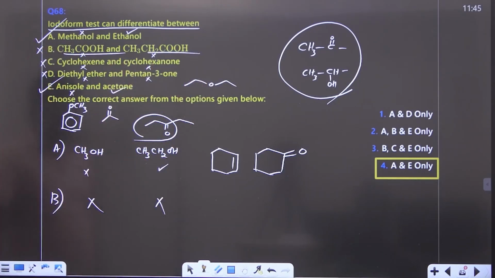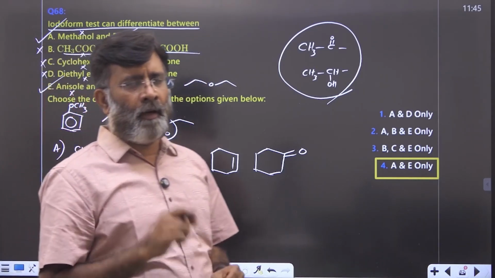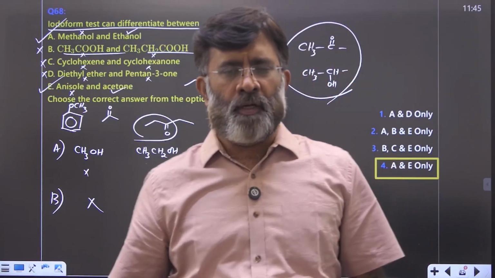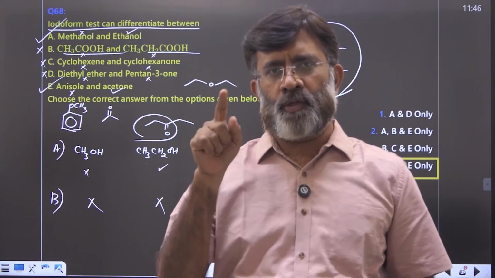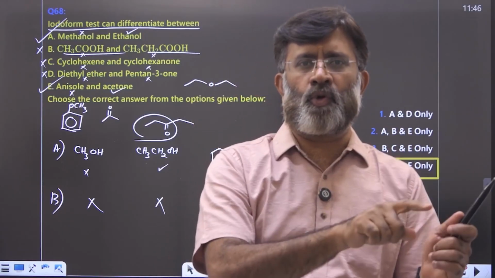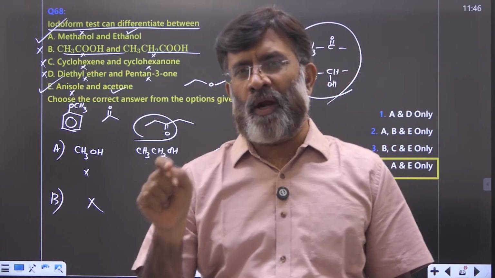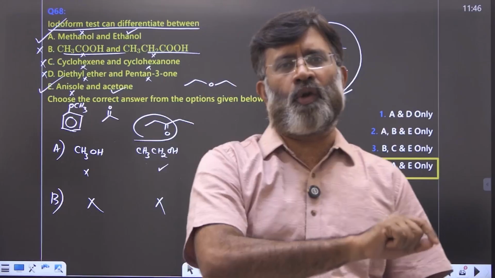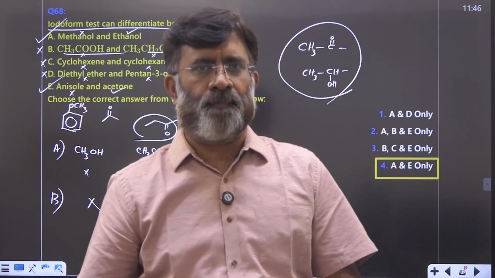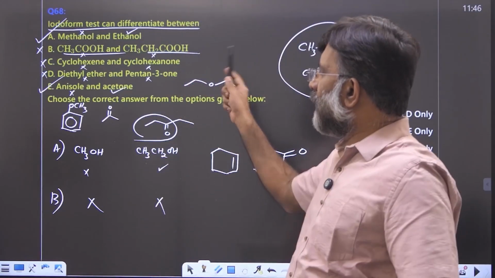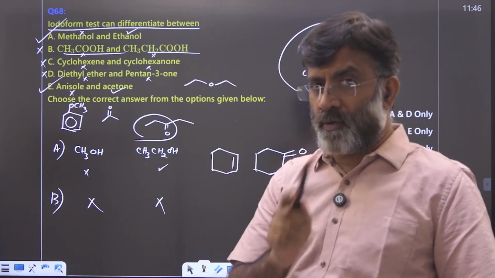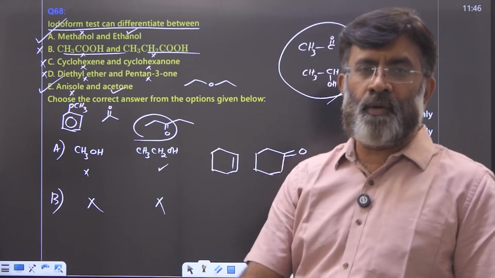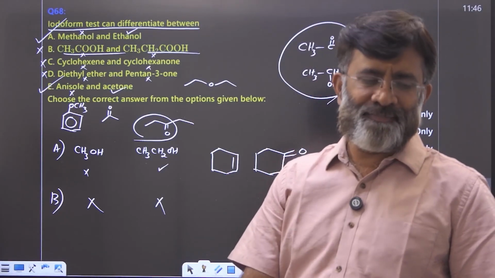To differentiate A and B using a test, A should give the test and B should not, or vice versa. One should give the test, one should not. Then only we can differentiate. In B, C, D, both compounds of the pair do not give iodoform test. Okay? Fine.